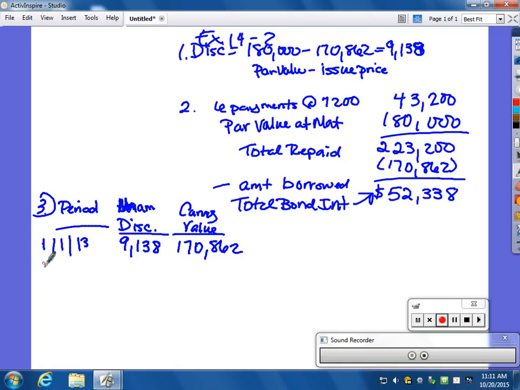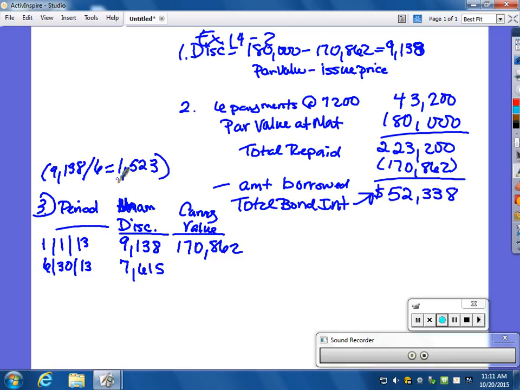So on 6/30/2013, I'm gonna subtract 1,523 from 9,138 and come up with 7,615. So the discount was 7,615.